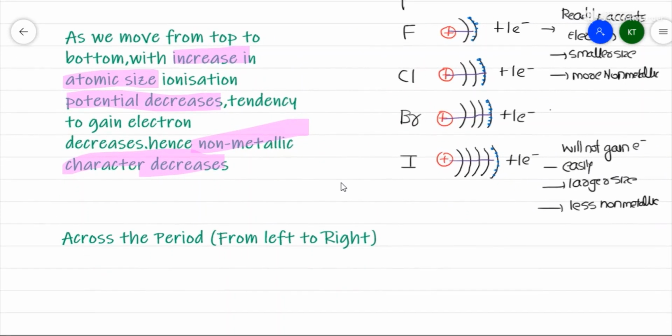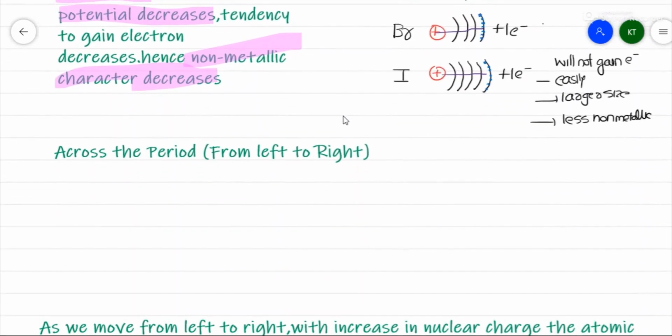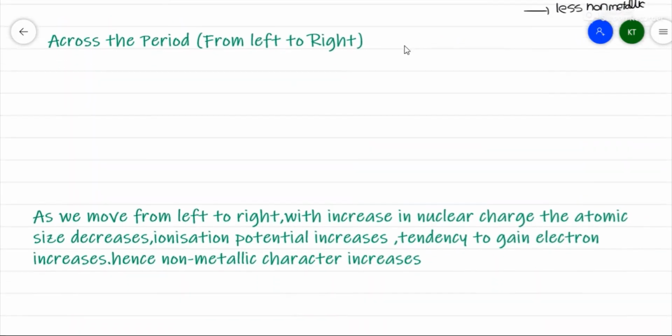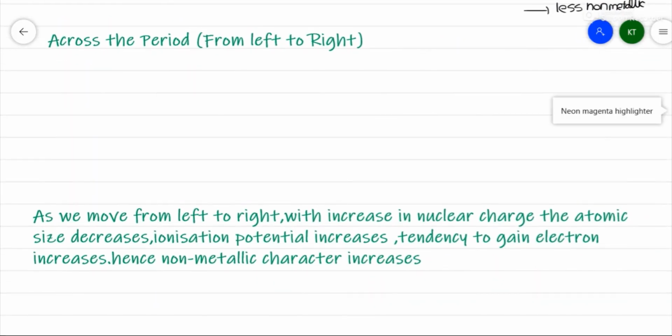Now let us see how the non-metallic character changes from left to right, that is across a period. Let me again take one common example, that's our regular example, the third period of the periodic table.